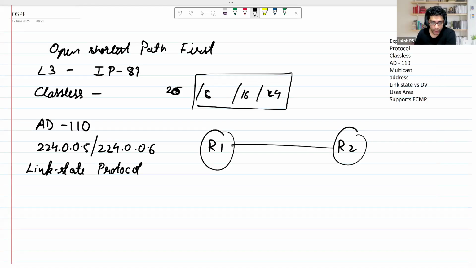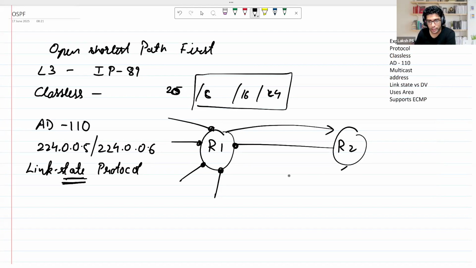Meaning, for OSPF, this interface is a link because it is connected to R2. If R1 has many interfaces that have connectivity, for OSPF running on R1, all these interfaces are links. So R1 will share the state of these links with R2.